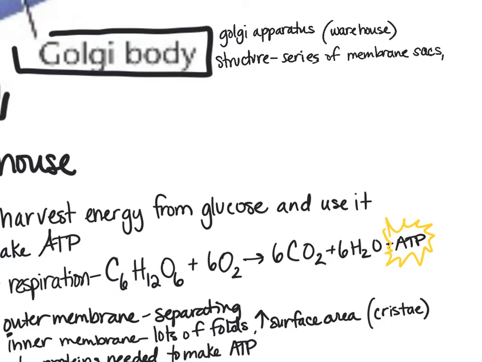They're all stacked on top of each other. And the function of the Golgi apparatus, or the Golgi body, is that it sorts and it modifies and it packages up proteins and lipids for secretion. And this is why it's considered the warehouse of the cell.